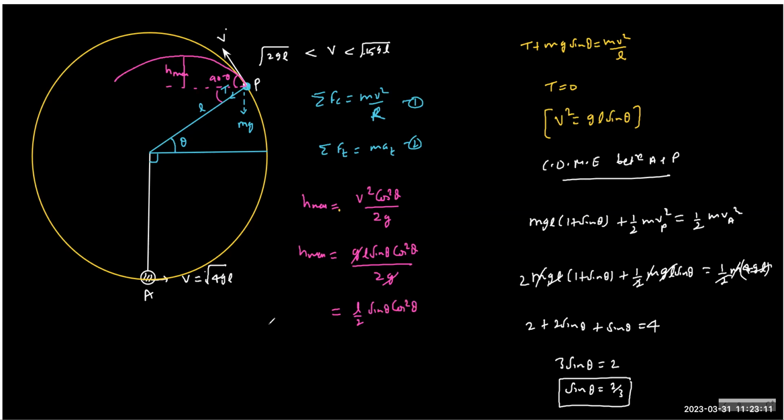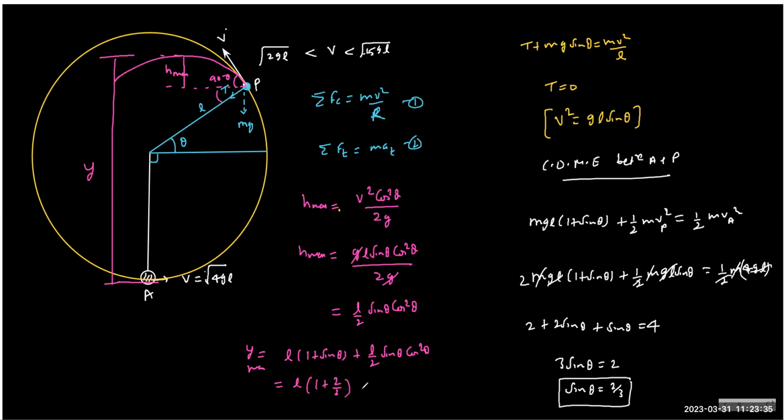So what is the maximum height of the journey from the bottom most point? So Y max is how much? L times 1 plus sin theta plus this height. L times 1 plus 2/3 plus 2/3 times 1 minus 4/9.